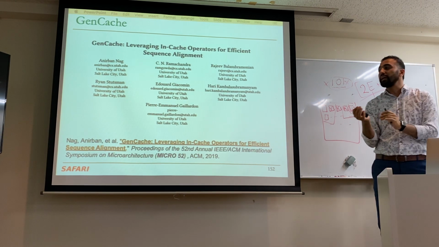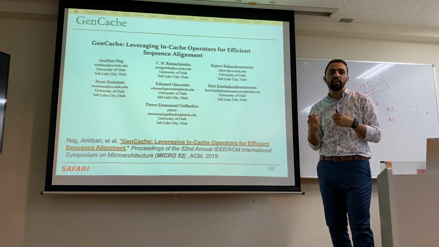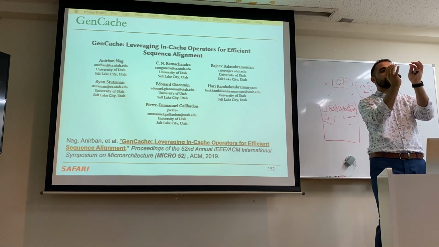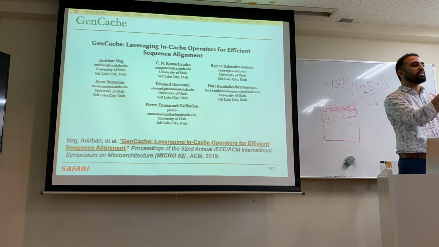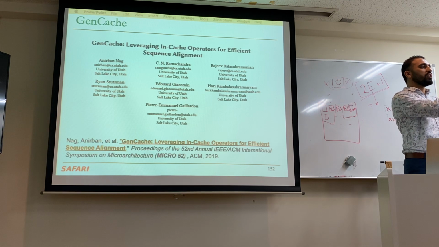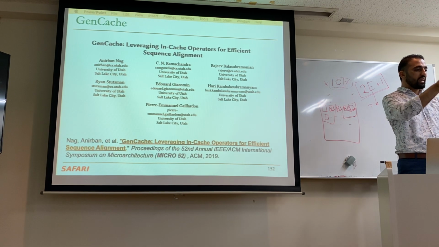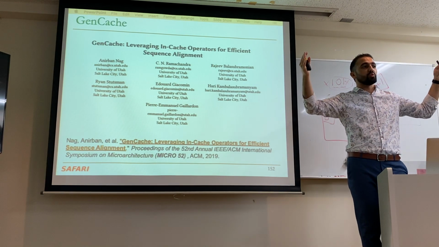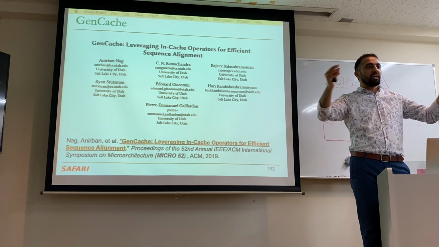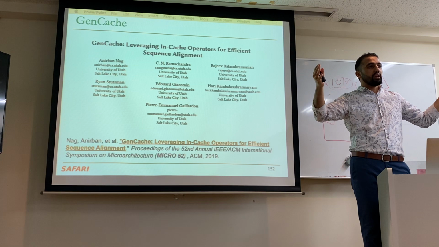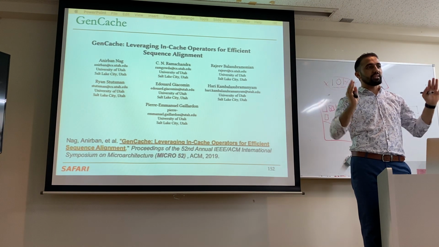So they said, okay, let's pick some of our filters for this specific read length or this range of edit distance threshold, and other filters for other configurations. And they place all of these pre-alignment filters together, so they have many pre-alignment filters working together, all of them implemented inside the cache.